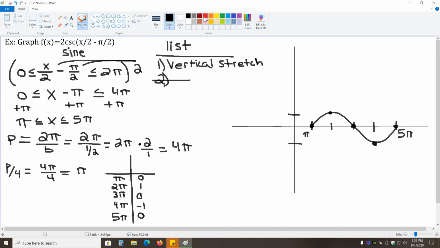Now we can, in red, graph sine's reciprocal, that is, cosecant, from this. Remember, wherever we have zeros, those are vertical asymptotes. And wherever we have a hill, we're going to have an upward-facing parabola shape.